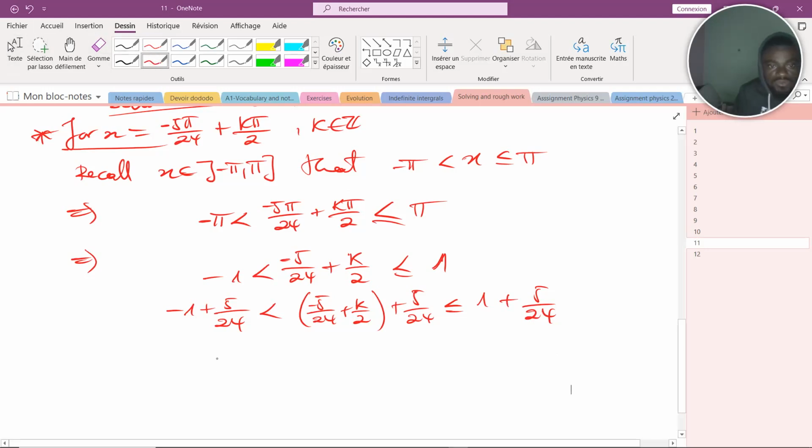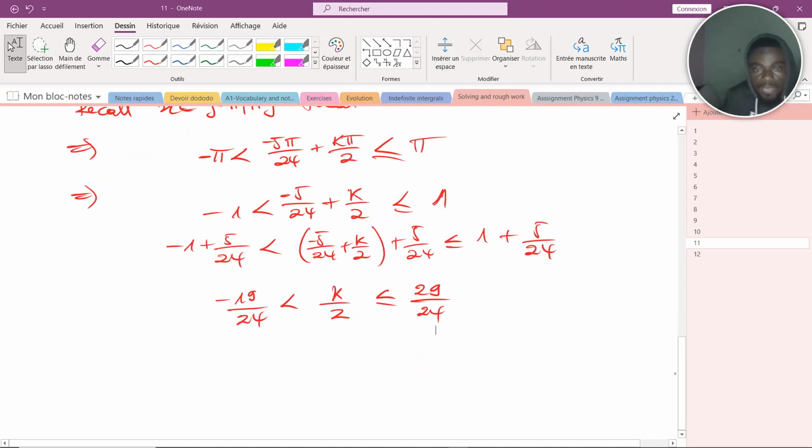So here, first of all, this and this will go. I'll have k on 2 strictly greater than minus 19 on 24, less than or equals to this, which will give 29 on 24. Is that okay? Now we have to multiply all through by 2 so as to leave k here.